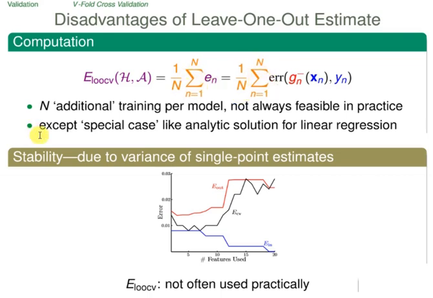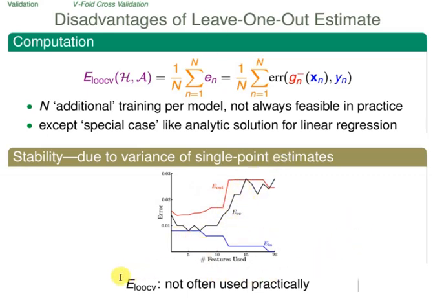Except this doesn't apply to a special case like a linear regression hypothesis, which has an analytic solution, one-step learning. It is nonetheless considered one of the stable ways of estimating out-of-sample performance of our hypothesis, as it captures the variance of single point estimates.